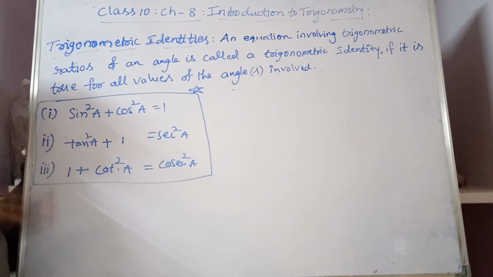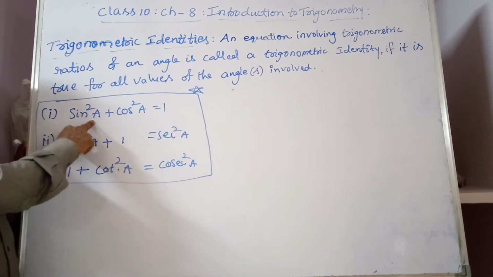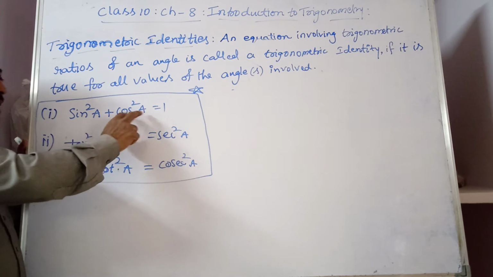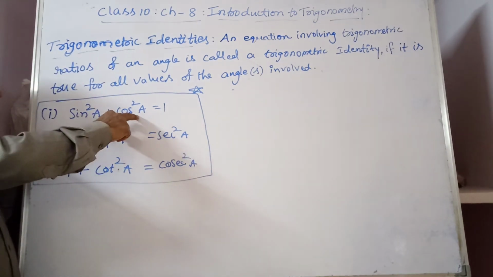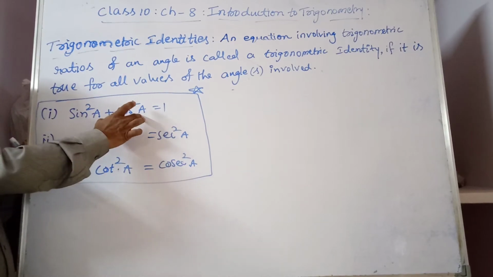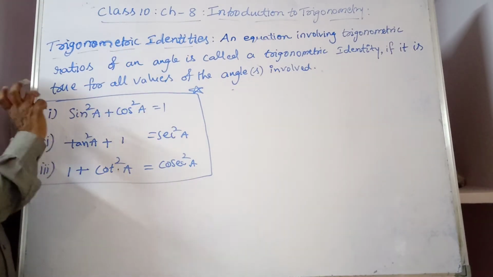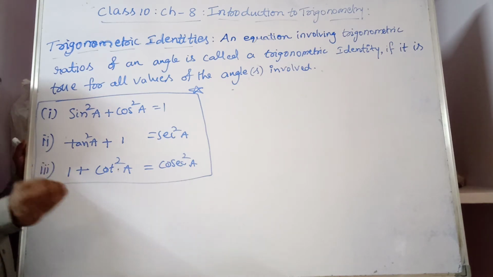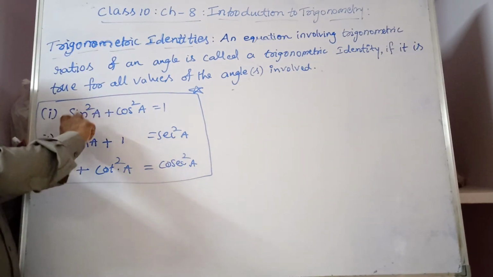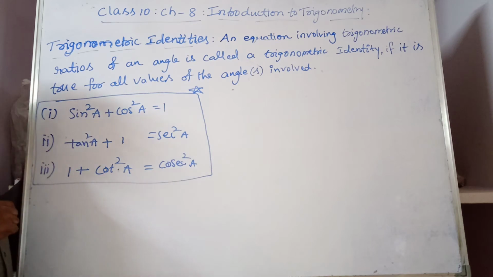A can be any angle. Plus cos square A, the cosine ratio with respect to the same angle A. For any angle, whatever value you give for A, it holds and satisfies the whole equation.